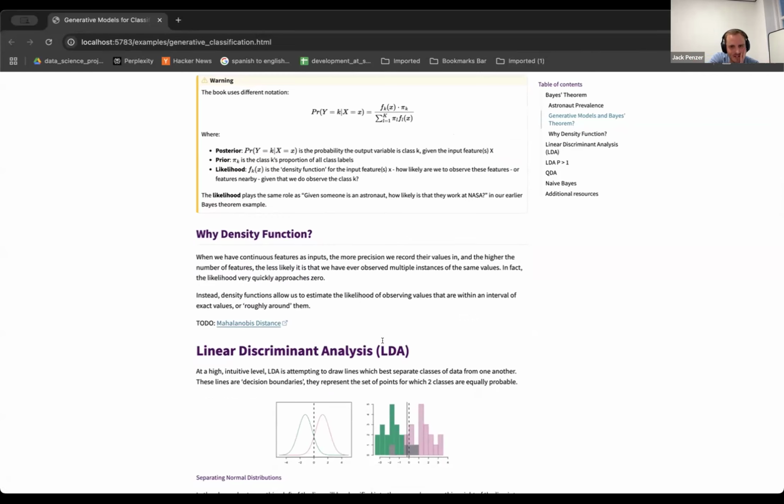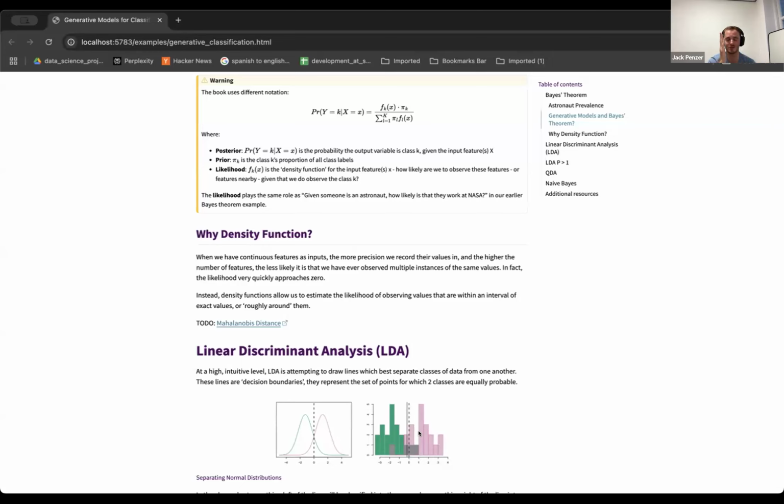Okay, so moving on from generative models in general and what they're trying to do, to linear discriminant analysis. Before we jump into formulas, at a very high level, what it's trying to do is draw a line through stuff that separates two groups.